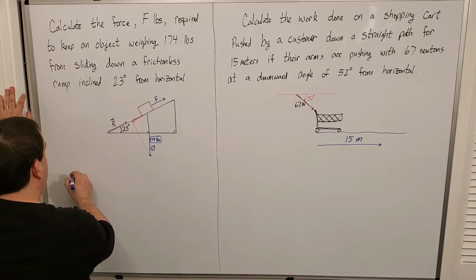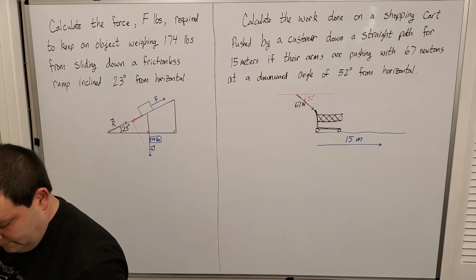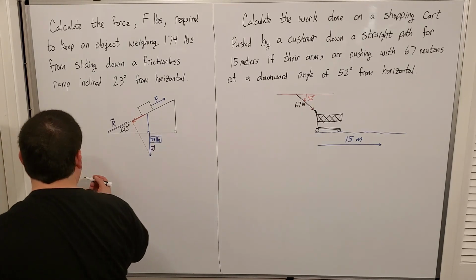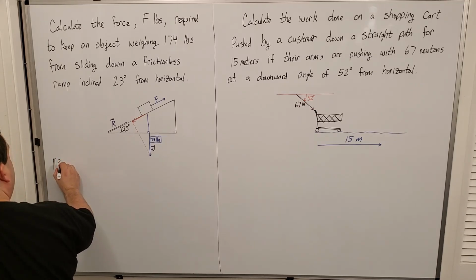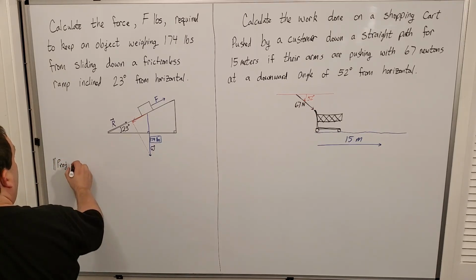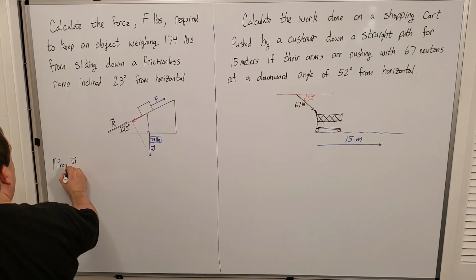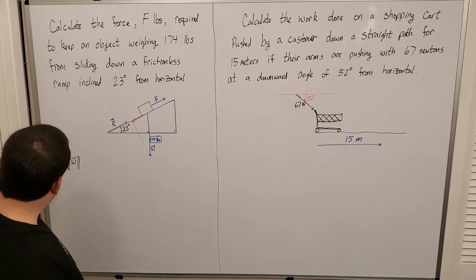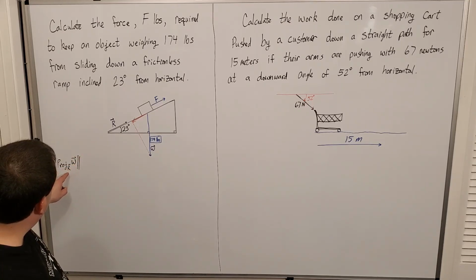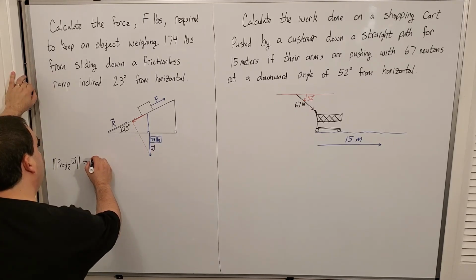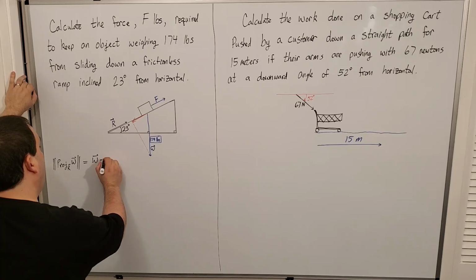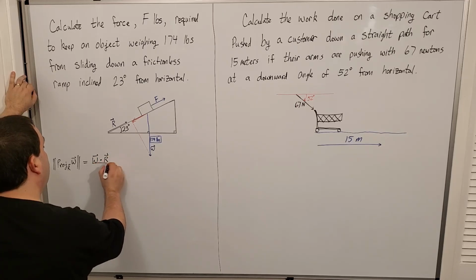I'm interested only in the magnitude of the projection of W onto R. And remember, to do that, all we need to do is W dot R divided by the magnitude of R.